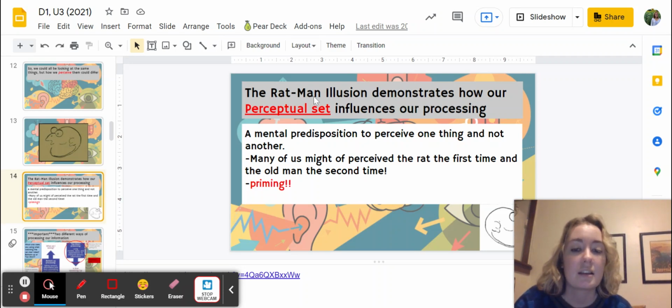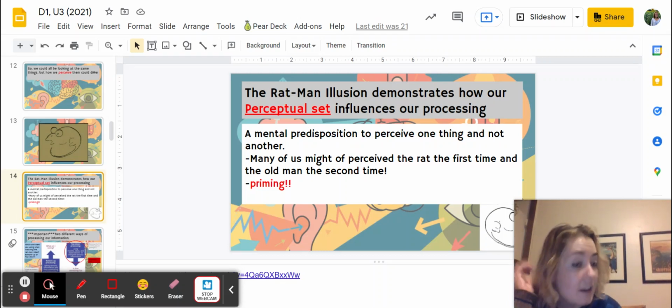And this illustrates really well this concept of perceptual set. It's the idea that our experiences and what we already know, what's already in our mind, influence how we perceive things and think about things. So again, if you were primed or already had in your mind the experiences of seeing all those animals, you're more likely to perceive this as a rat.